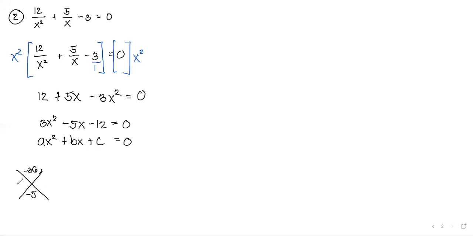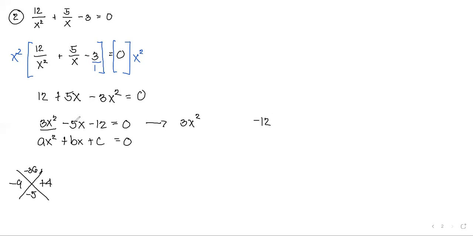Tama? Ay, yeah. Nagduda pa nga, no? So, negative 9 and positive 4. Tama? Kasi negative 9 times 4, negative 36. So, negative 9 plus 4, that's negative 5. So, ayun. Ibig sabihin, factorable to. Ganun siya. Okay? So, ang gagawin natin dyan, copyhin muna natin yan sila. 3x squared, tapos yung negative 12.